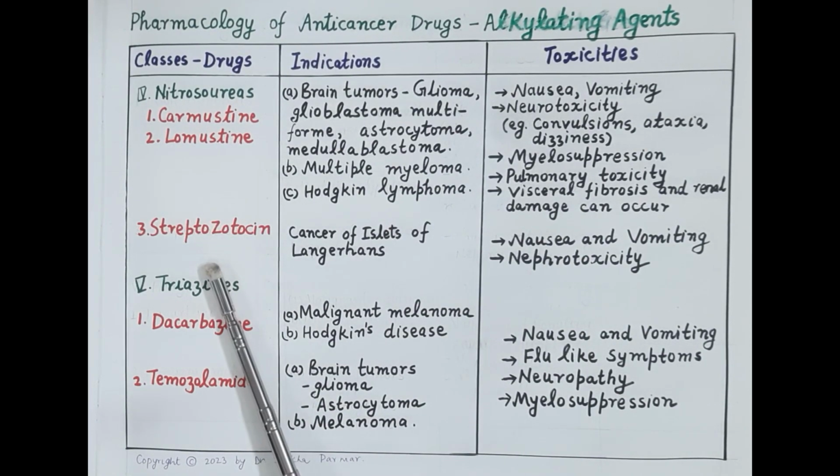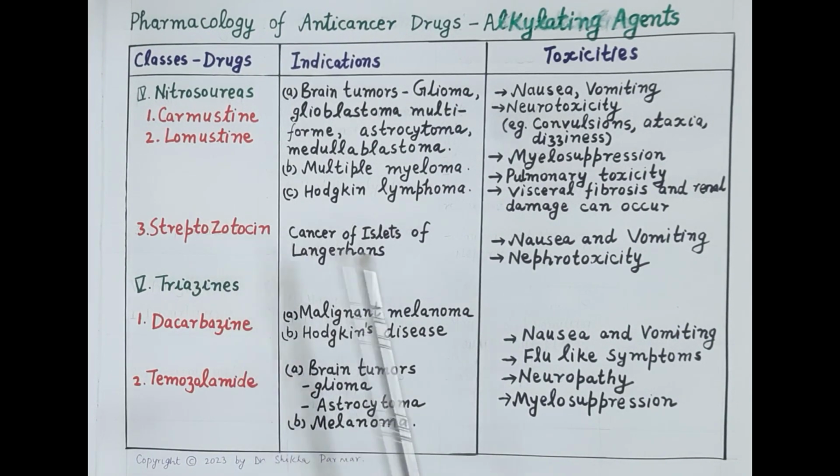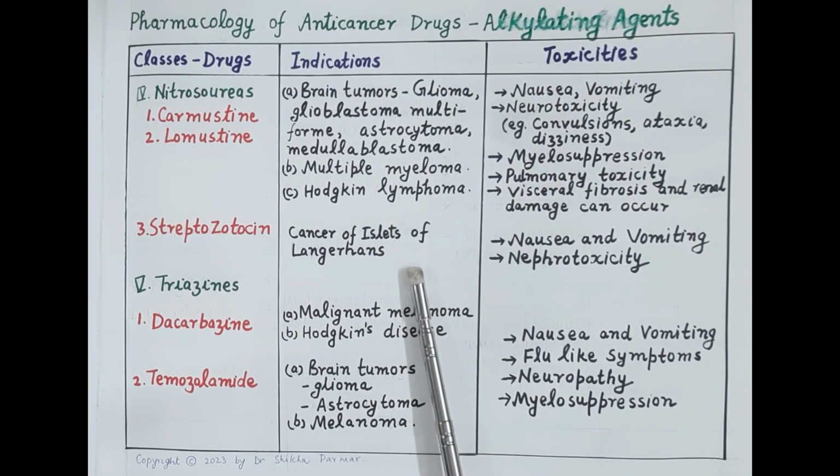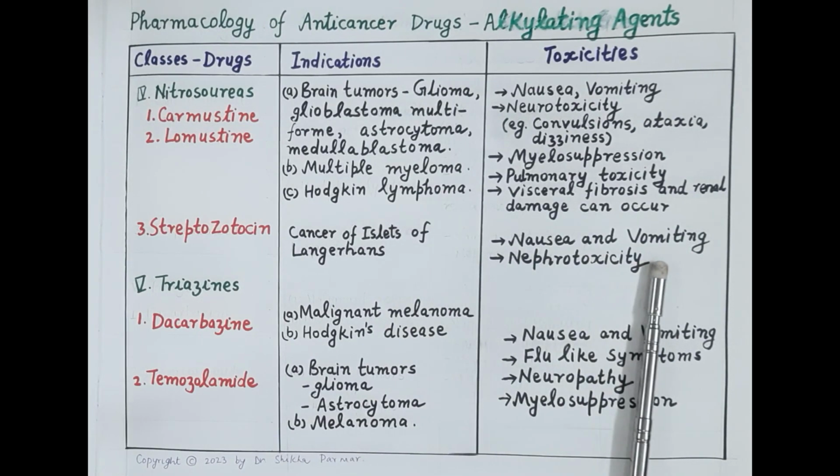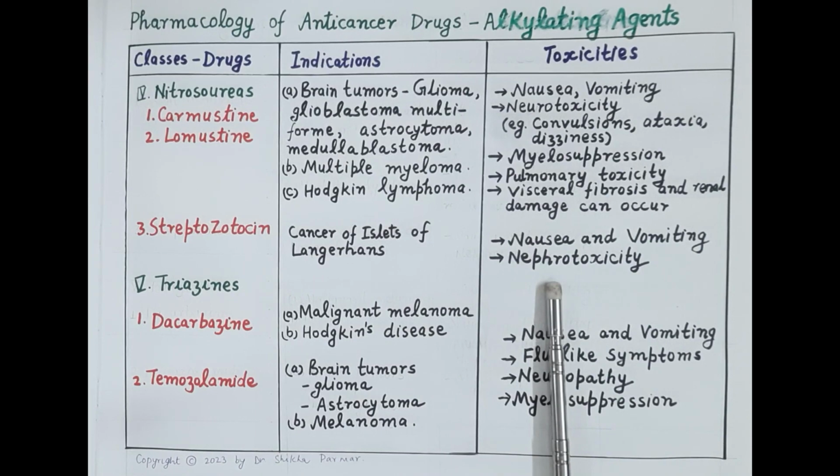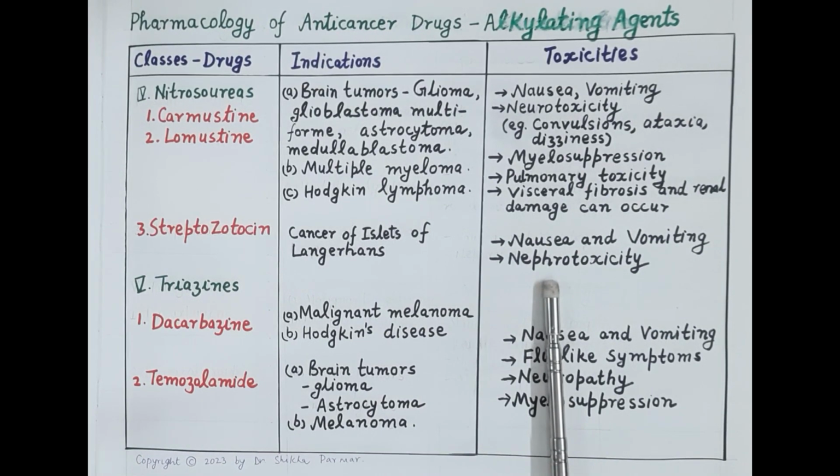Then another nitrosourea is streptozotocin. Streptozotocin is effective in the treatment of pancreatic cancer, that is a cancer of the islets of Langerhans. Streptozotocin also causes nausea and vomiting, and the specific toxicity of streptozotocin is its nephrotoxicity, that is a toxic effect on the kidneys.